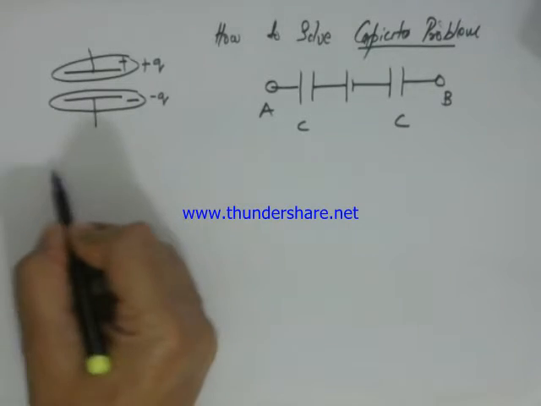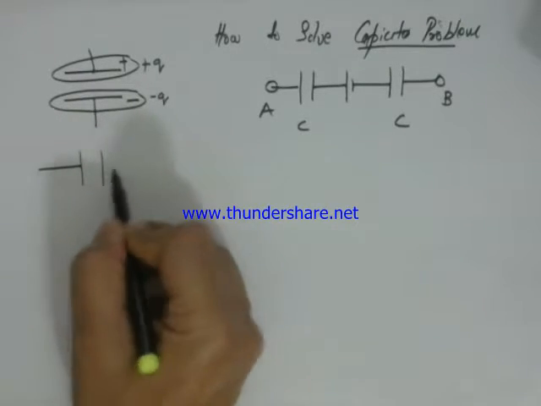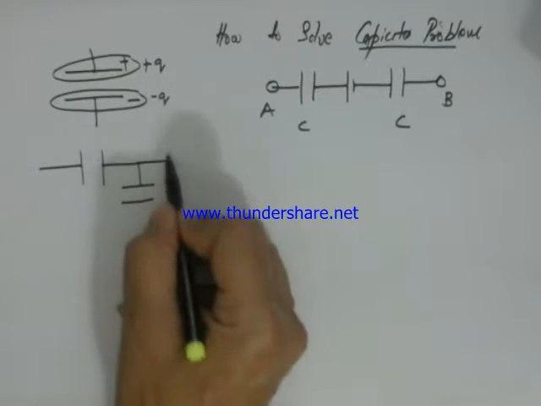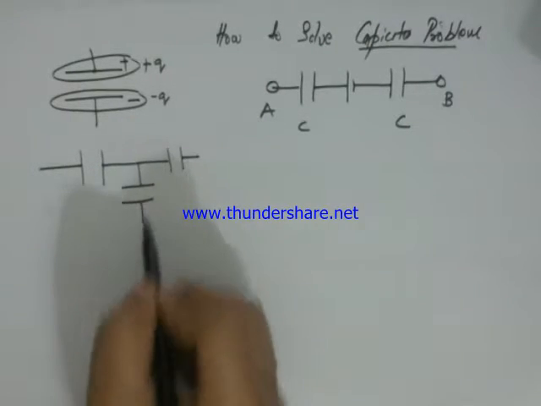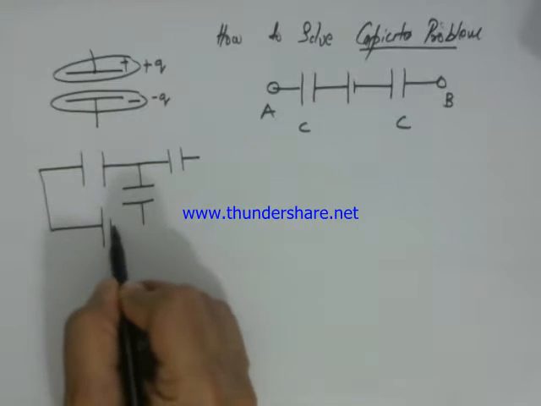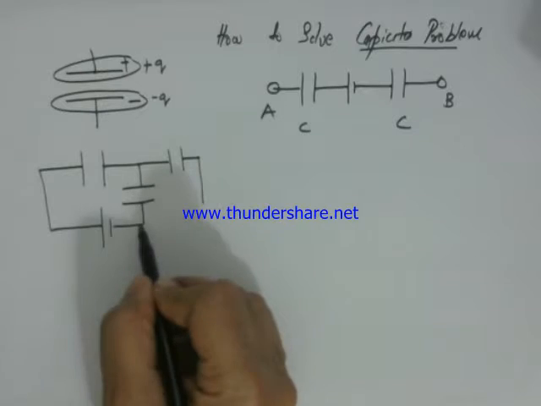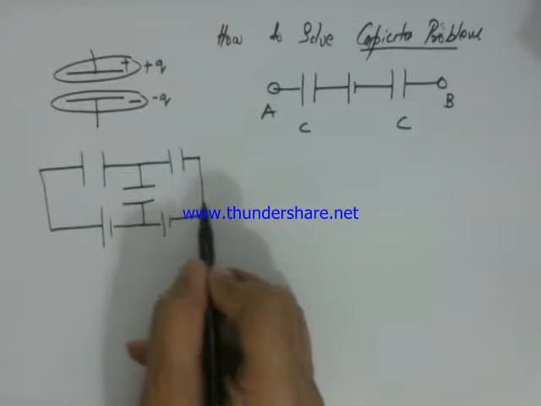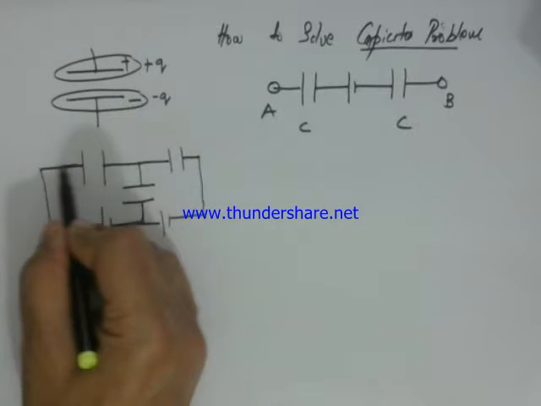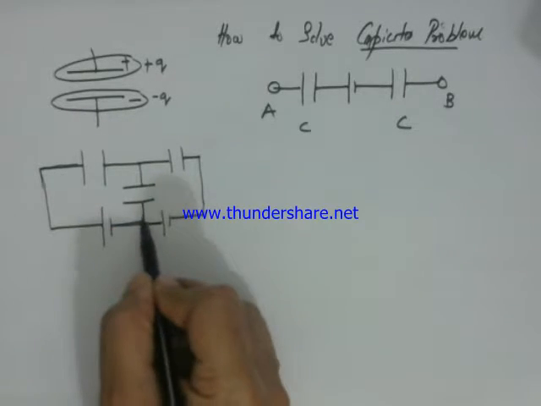That is one thing. If the plates of capacitors are joined like this, suppose let us take three capacitors. These plates may be connected to a battery or some other battery may be here. So the plates which are connected to a battery are getting some charge and they are getting charged.